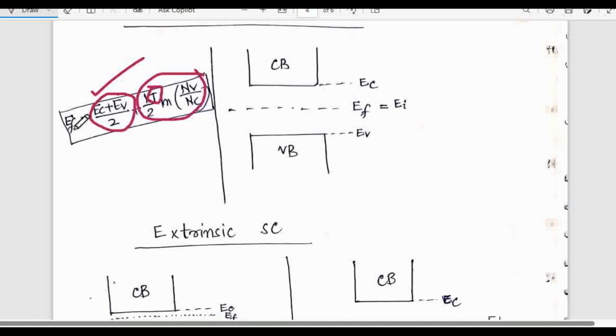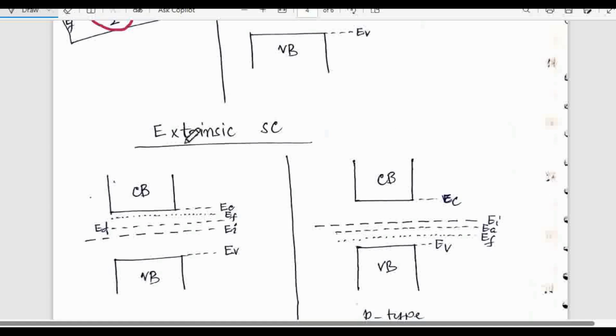That means your Fermi level is exactly lying in between the conduction band and the valence band, aligning with the intrinsic level. The intrinsic level is always present in between the conduction band and the valence band, and the Fermi level also coincides with that intrinsic level.